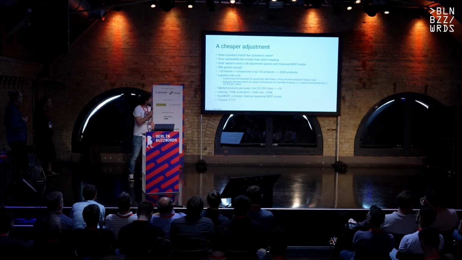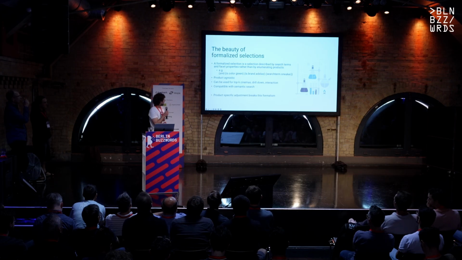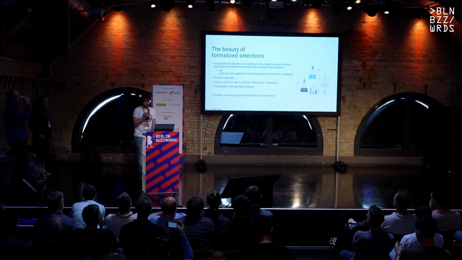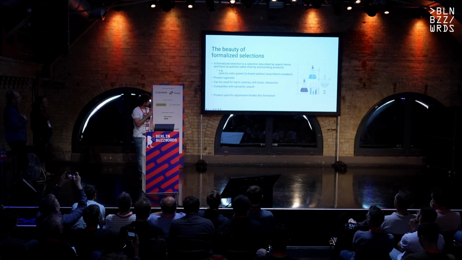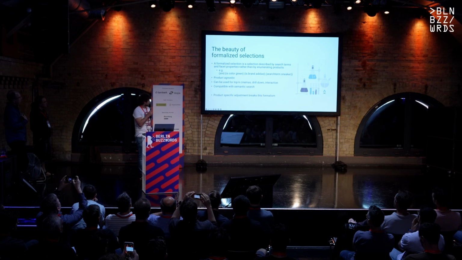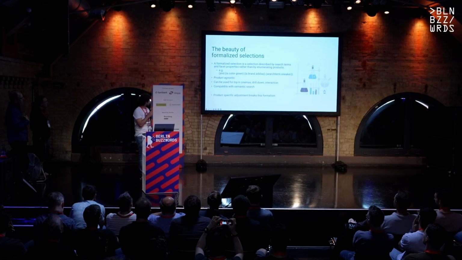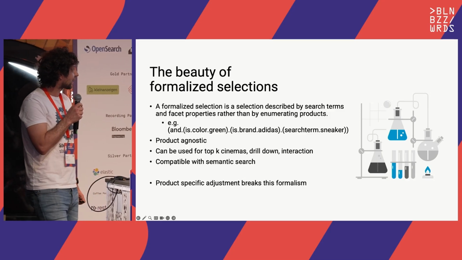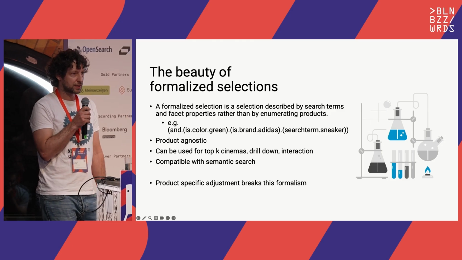So, while we have this adjustment, it still has its drawbacks, because it's a kind of post filter which kicks out products. And I want to talk about not using the adjustment, because currently we have some sort of a formalization of selections.